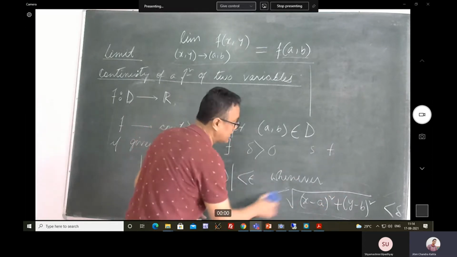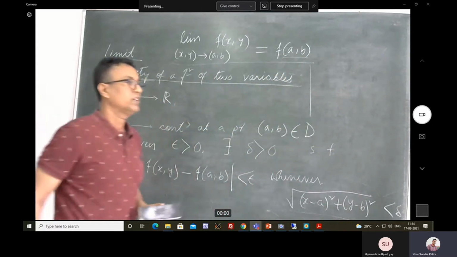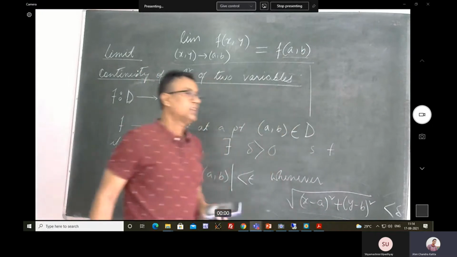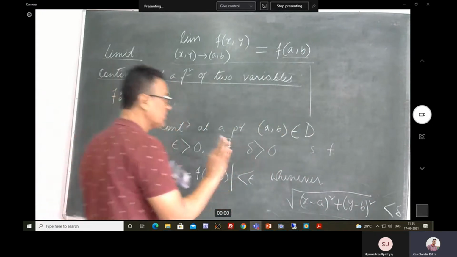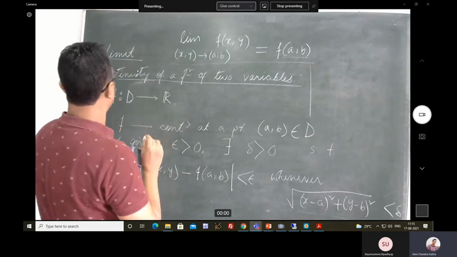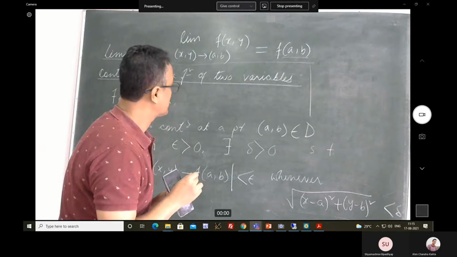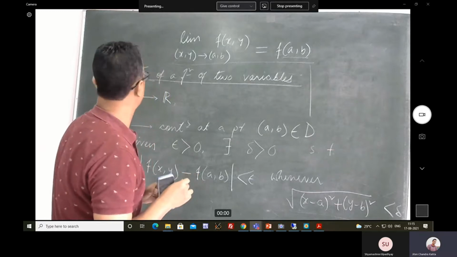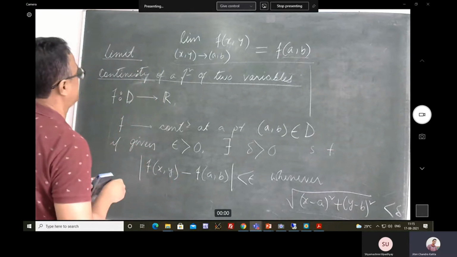But here, because we are going to include this point, this part may become 0 as well. Now let us consider a couple of examples here and see what we can do about this continuity.